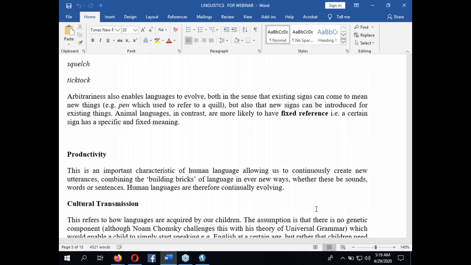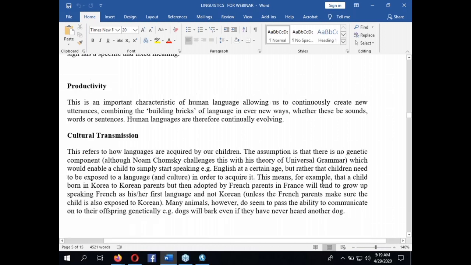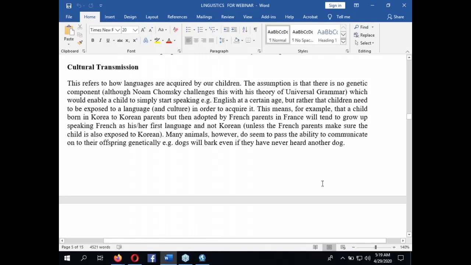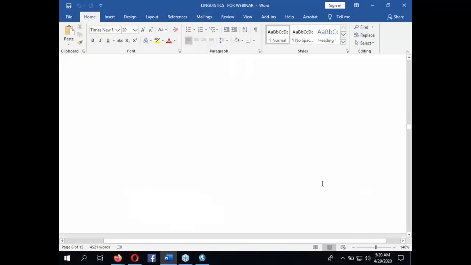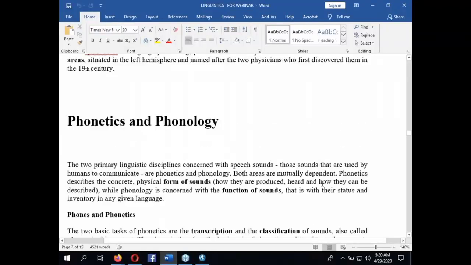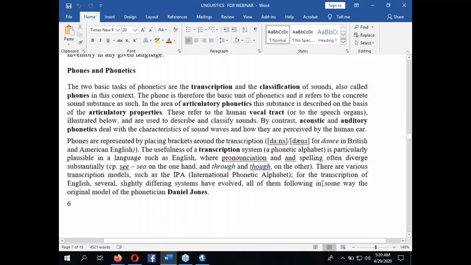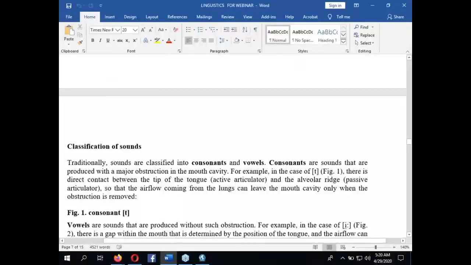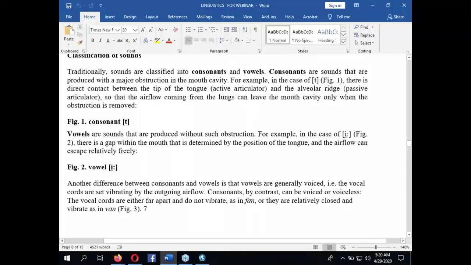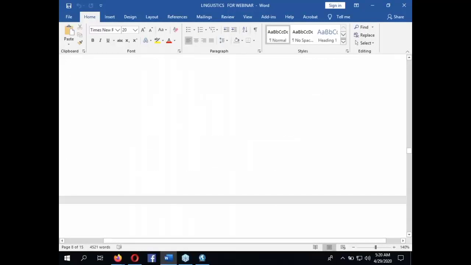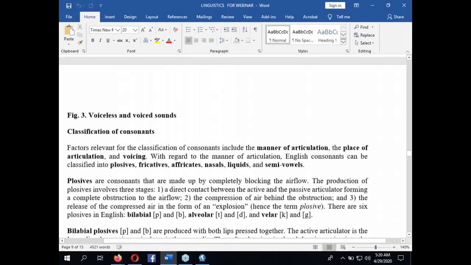Yes, students, we're going to wrap it here today. And then from the next class, we'll be able to conclude the characteristics of human language. And of course, we'll move on to the different kinds of phonetics and phonology. And then we'll talk about classification of sounds, the consonants and the vowels, and also look at the voiced and voiceless sounds.